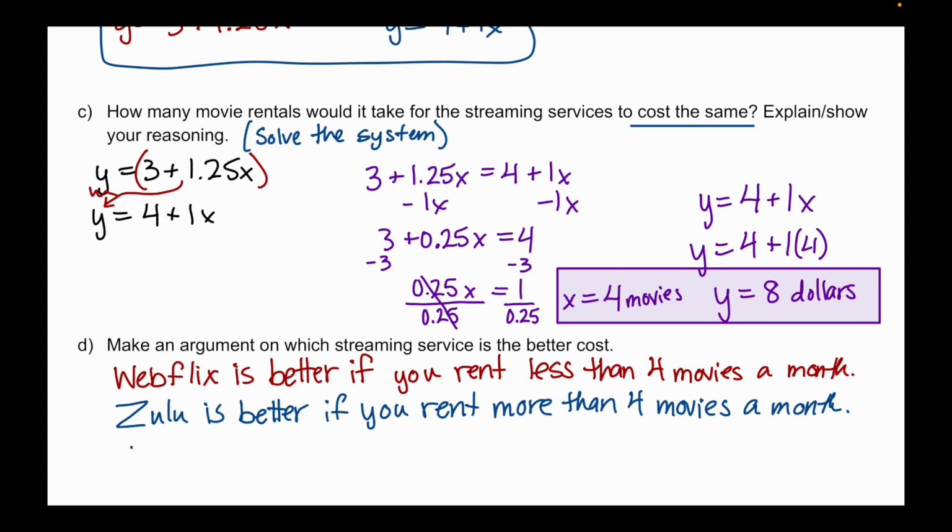And then we can say both are the same cost if you rent exactly 4 movies a month.